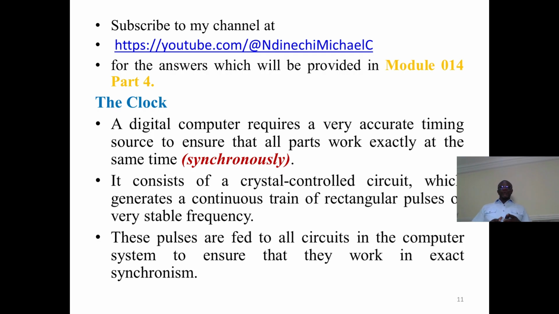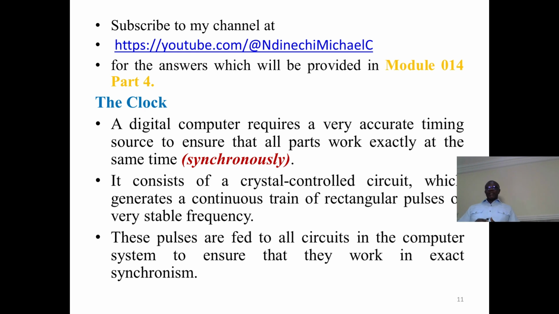or work synchronously. It consists of a crystal control circuit which generates a continuous stream of rectangular pulses of very stable frequency. These pulses are fed to all circuits in the computer system to ensure that they work in exact synchronism.